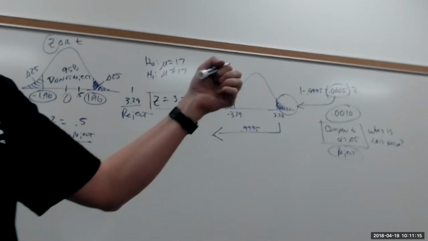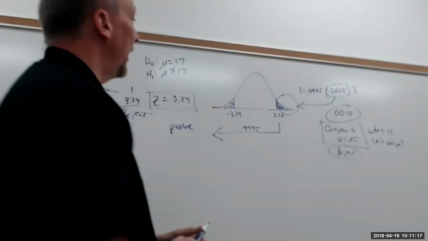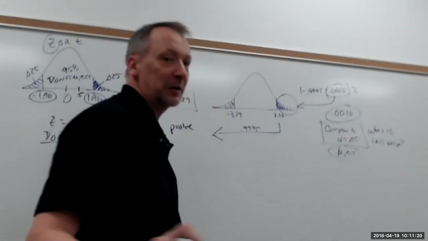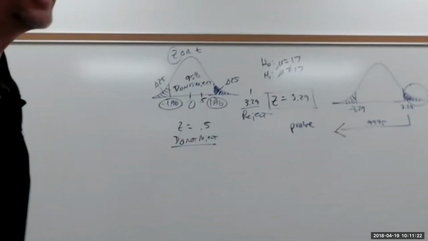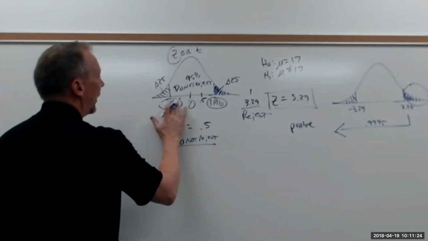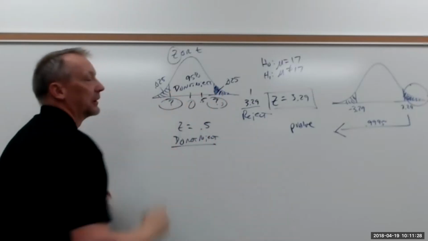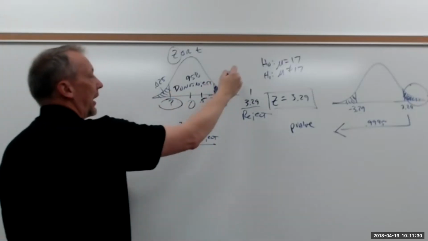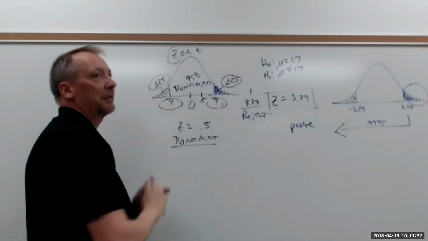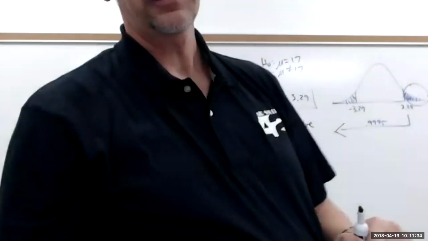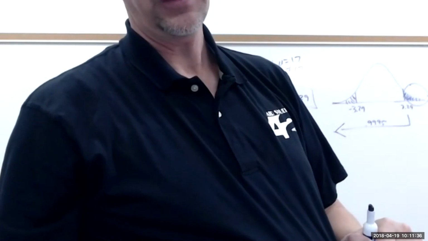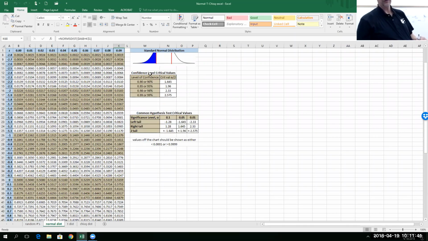Okay, so on this one, if my alpha is 0.05, that goes back to my first picture here. I don't know what those values are, I need to find those two values. So I want 2.5% in the right tail, 2.5% in the left tail. The easy thing is, if I go to my chart here, I have common critical values. It says confidence level critical values.